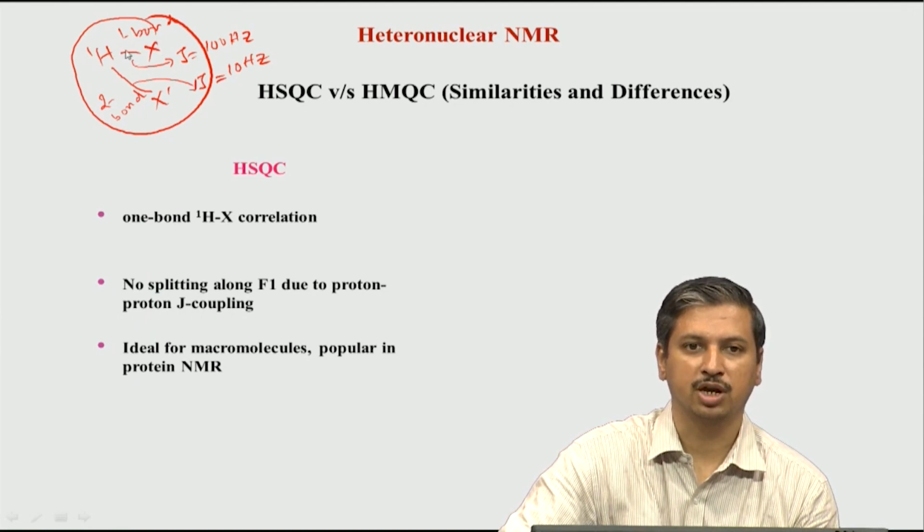So, I can choose to transfer in this direction to go to here, or I can decide to go this way, just based on the simple idea of 1 by 2 J in the INEPT part based on the J value. So, I should know roughly the J value of my system.